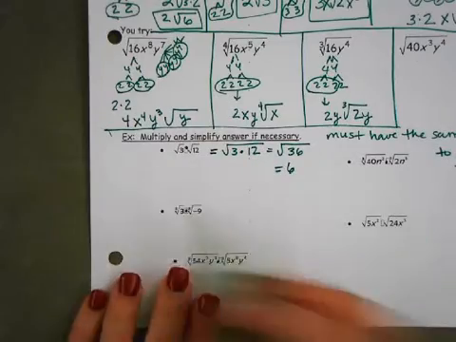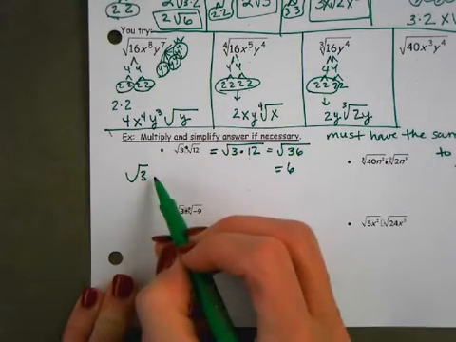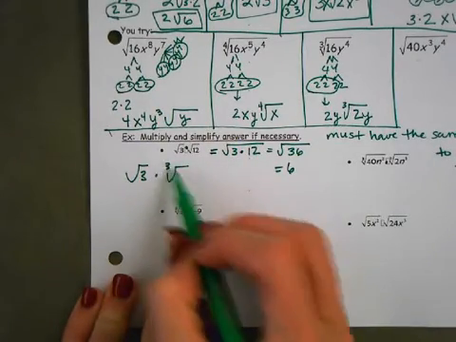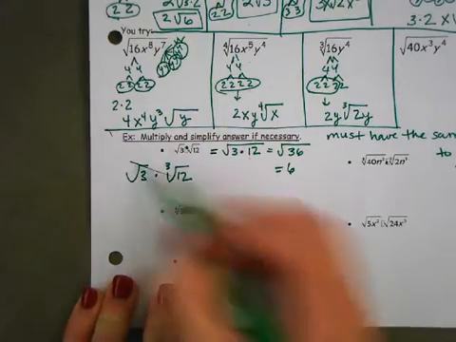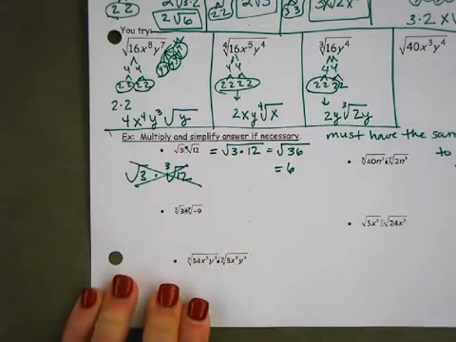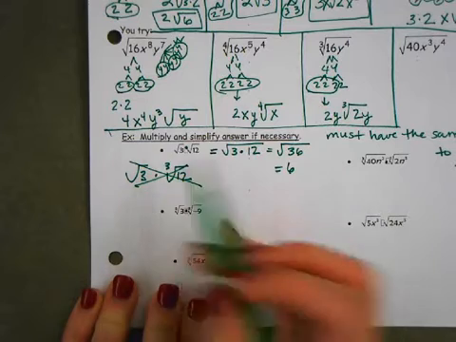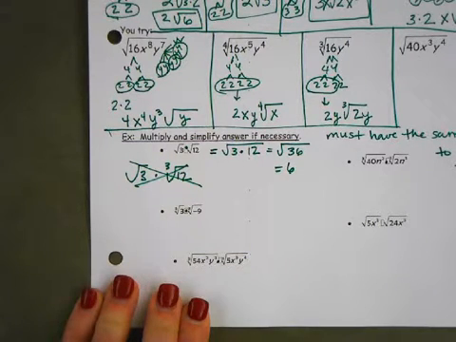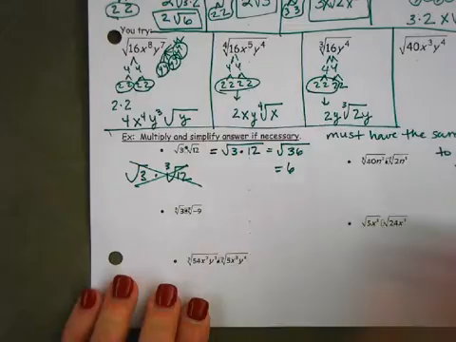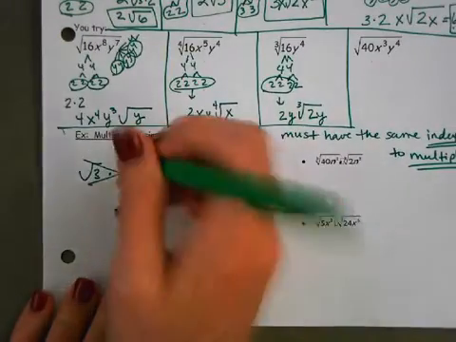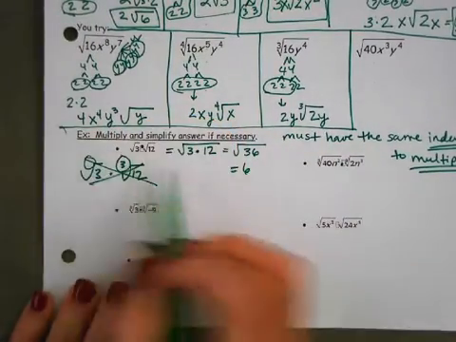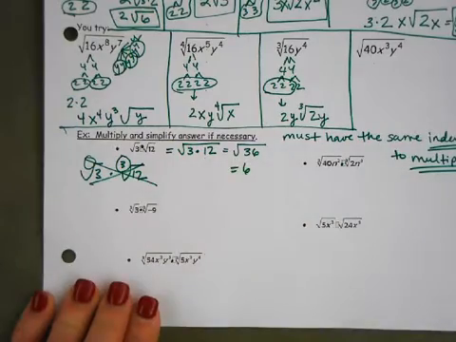So if this was the square root of 3 times the cubed root of 12, you cannot do that. Okay, my indexes are not the same. So it just doesn't work. Your answer is just the square root of 3 times the cube root of 12. Okay, unless you can break down the cube root of 12 more, but you can't. Okay, your indexes, this and this, must be the same for you guys to be able to multiply them.